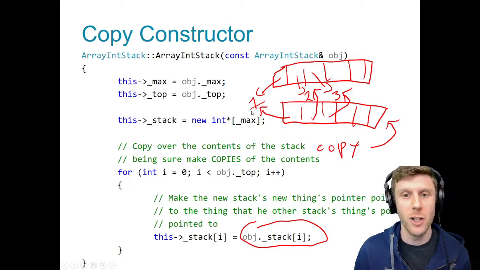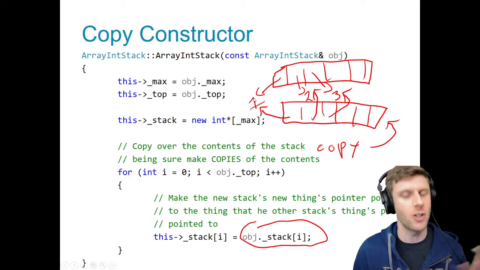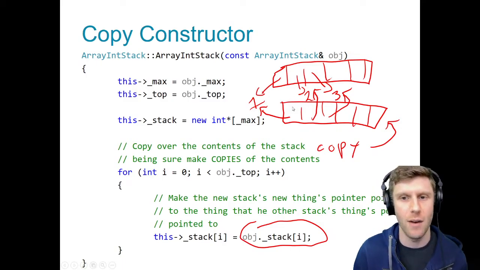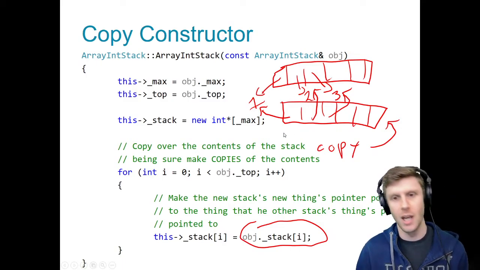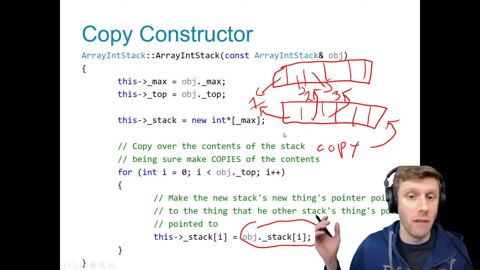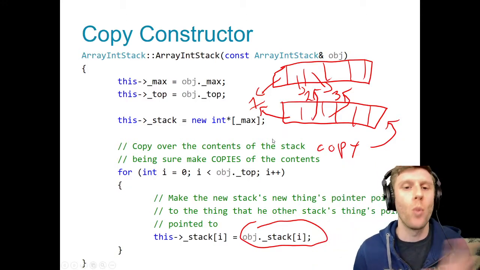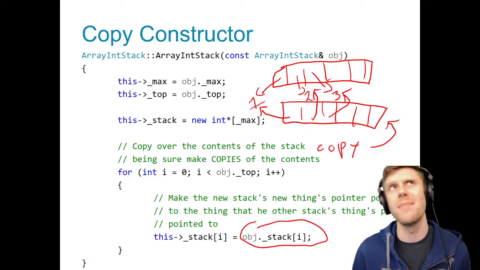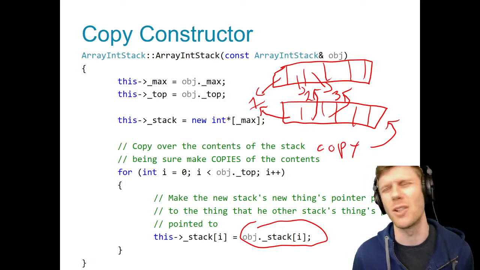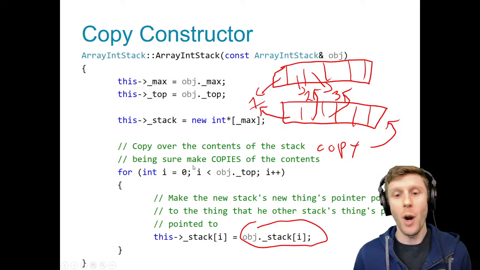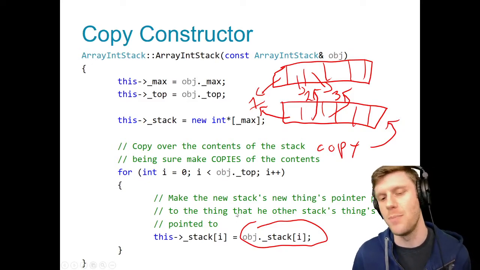We are using the exact same integer that's created in RAM, and we have 2 pointers to it. You might ask why? Why did I not make this as deep a copy as I could have? I don't know. I guess I didn't want to in this particular case. And it kind of makes sense, but we don't need to think too much about that at this stage. The point is, this isn't a deep copy.